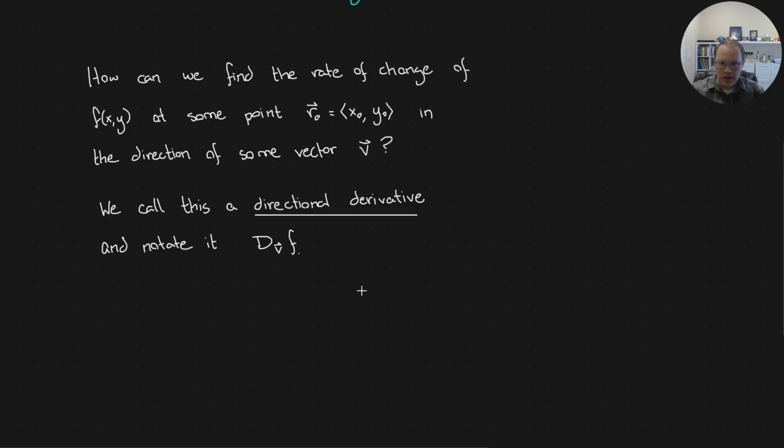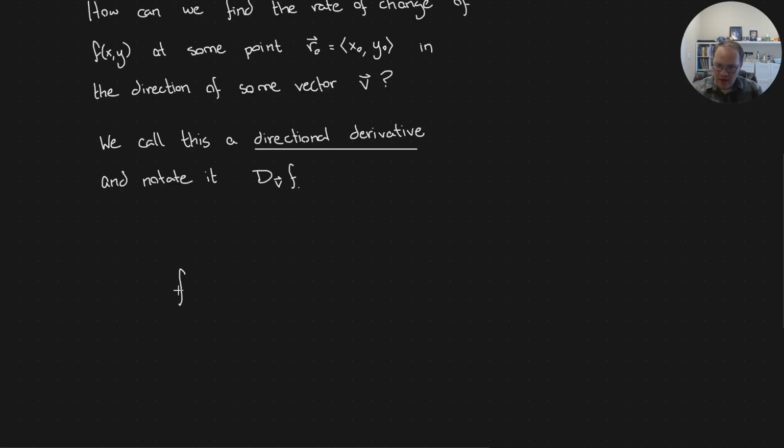So our strategy here is to evaluate function f, but only in a particular direction. And we're going to find a vector valued function that traverses that direction. Okay? So we evaluate f along a vector valued function in the desired direction.